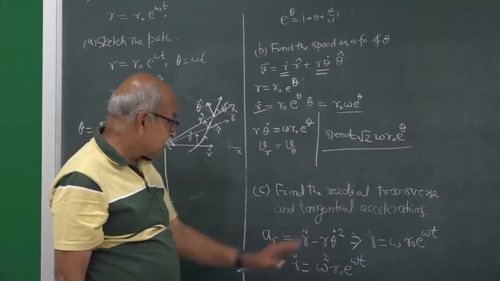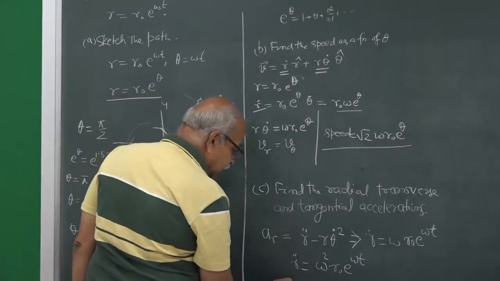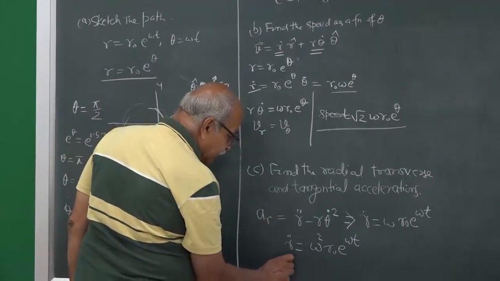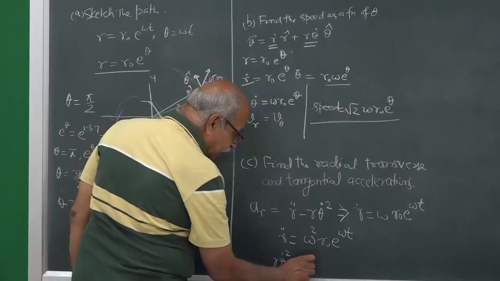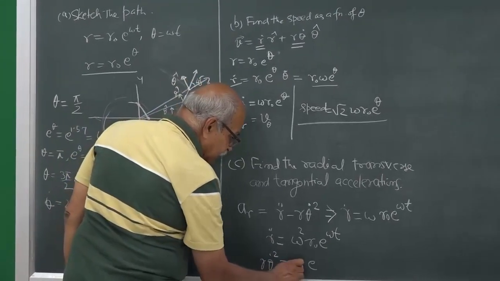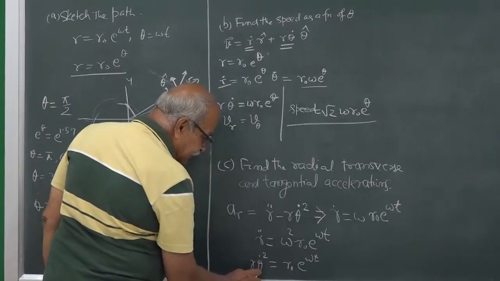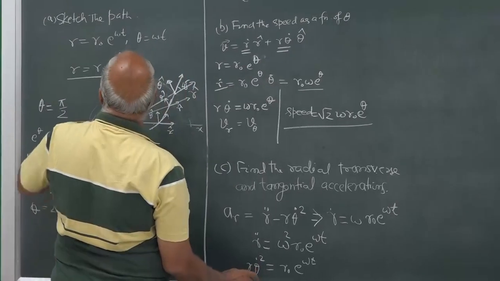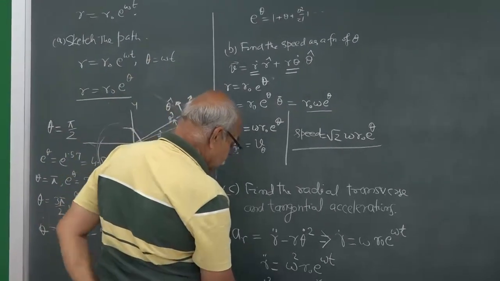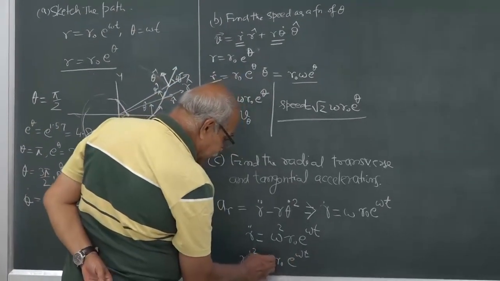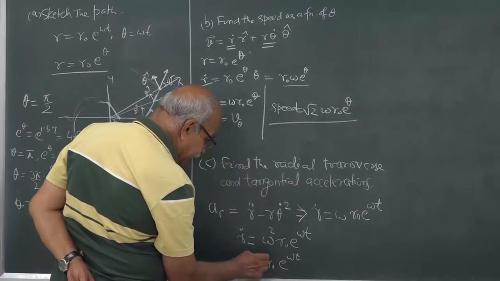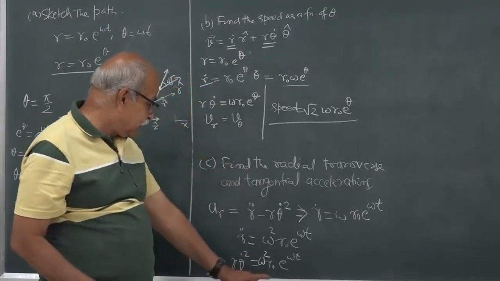And what is r theta dot square? R theta dot square means r naught into e to the power omega t, that is r, and theta dot is omega. So, theta dot square is omega square. So, omega square r naught e to the power omega t.